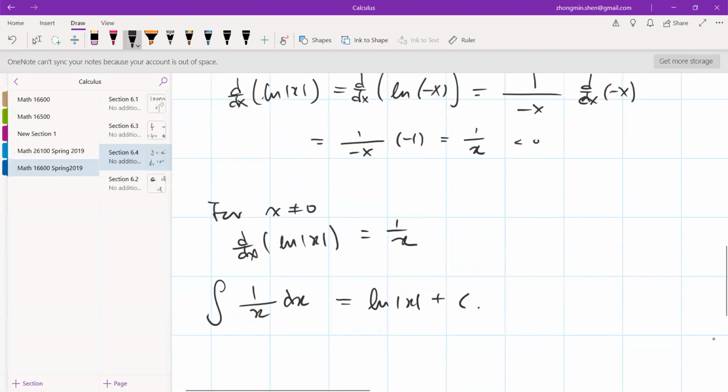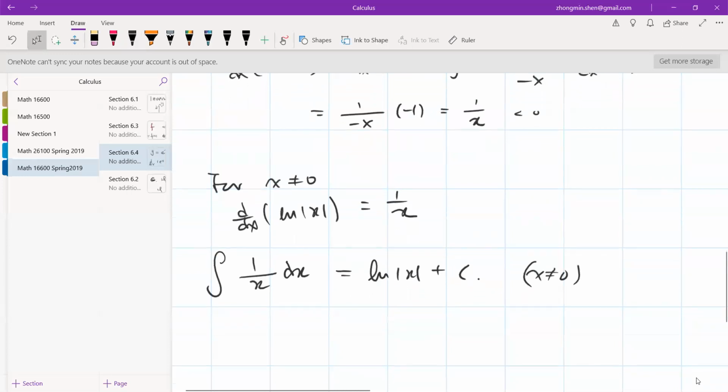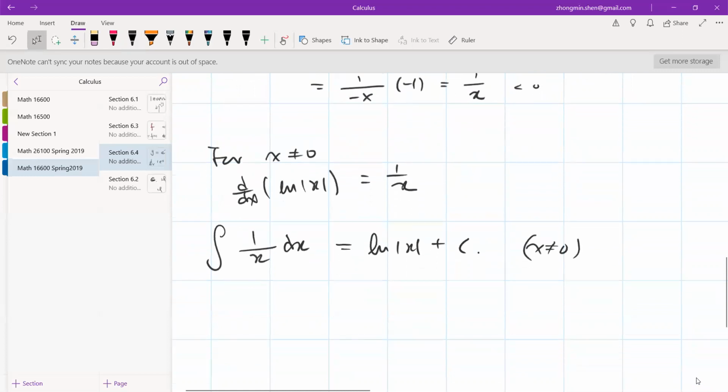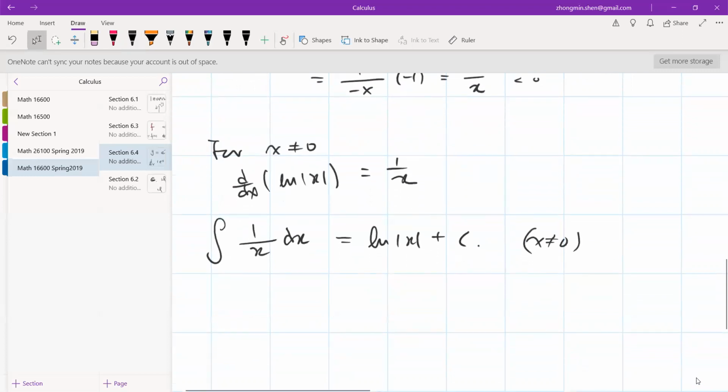For this x, of course, it cannot be 0, because when x equals 0, the left-hand side is not defined and the right-hand side is not defined, so we don't care. But x could be negative, so we get this formula, right?